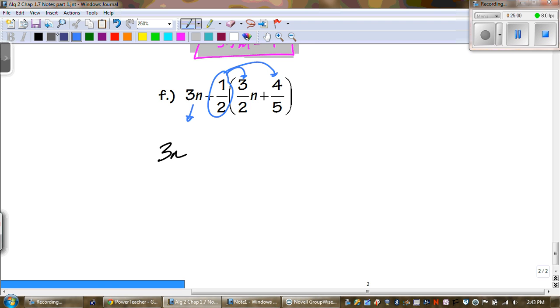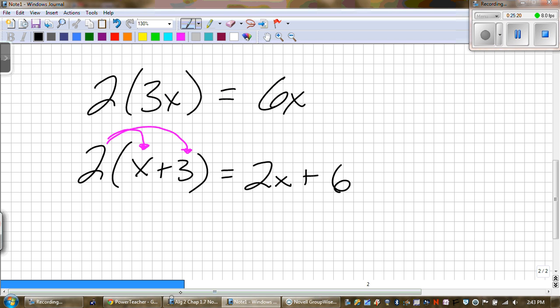Okay? So off to the side, I'm doing 1/2 times 3 over 2. I check to see if I can reduce at my corners, which I can't. So 1 times 3 is 3, and 2 times 2 is 4. So plus 3 over 4n.